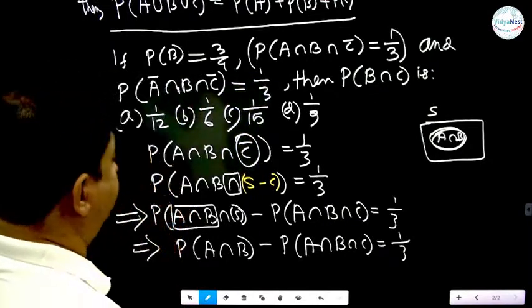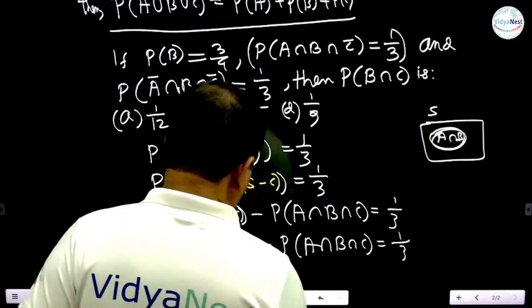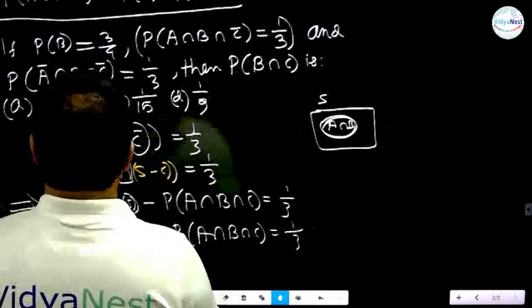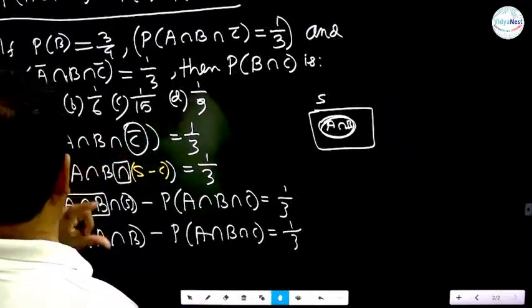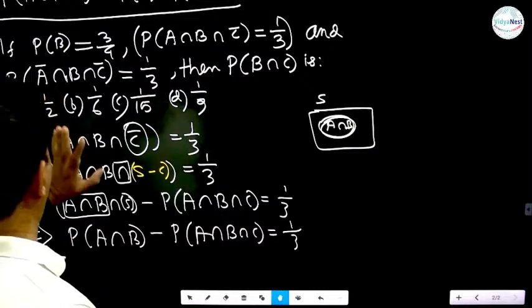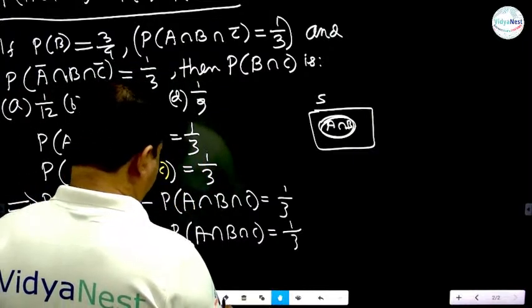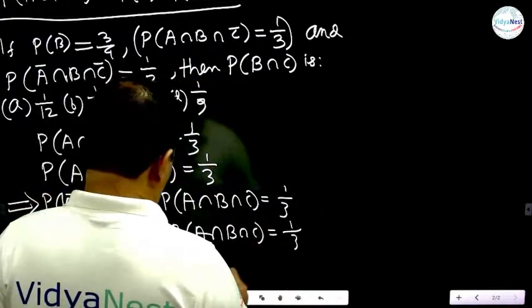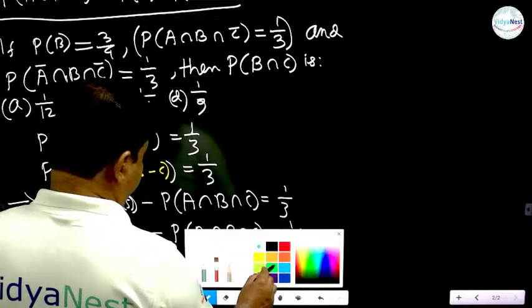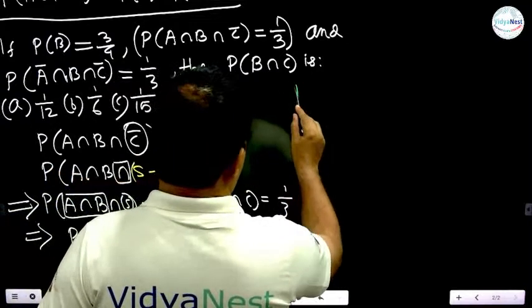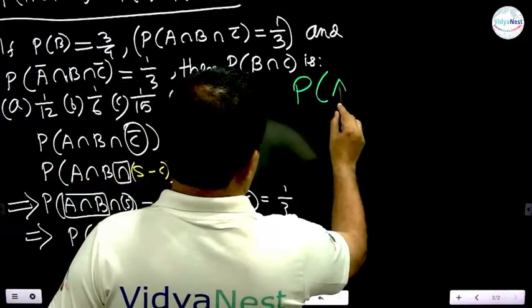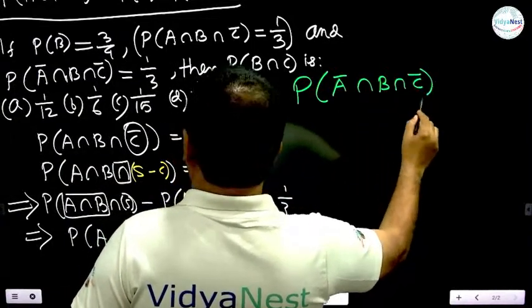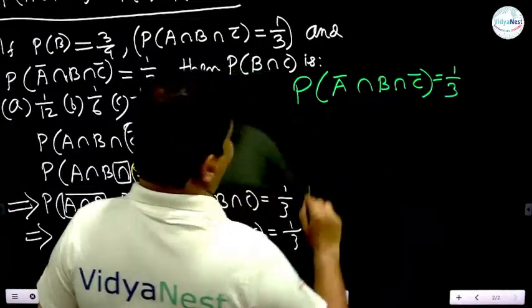Now we'll choose the second condition. P of A complement is equal to 1/3.